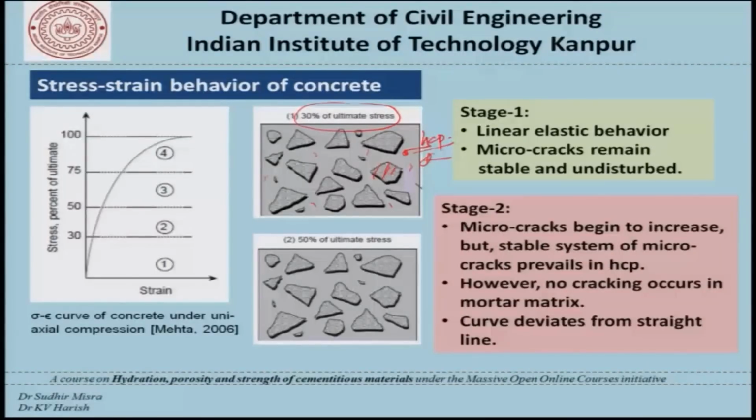However, when it comes to stage 2 and we start reaching about 50% of the ultimate load, the microcracks begin to increase, but that still is a stable system of microcracks prevailing in the HCP, and no cracking occurs in the mortar matrix. The curve deviates from the straight line.